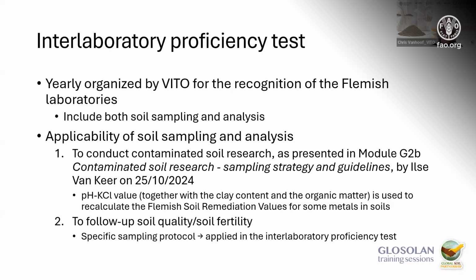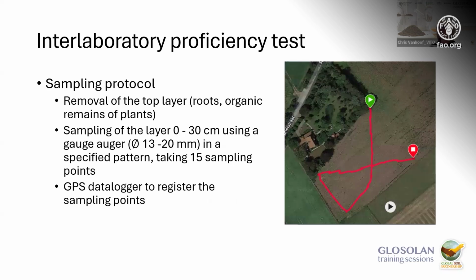For the round-robin test, we do a sampling to follow up the soil quality and the soil fertility. Also there, a specific sampling protocol is defined, and that is applied in the proficiency testing as well. What does this sampling protocol contain? First of all, you go to the field. At the point you have to measure, you remove the top layer, the roots and the organic remains of the plant, so that you really sample the soil itself.